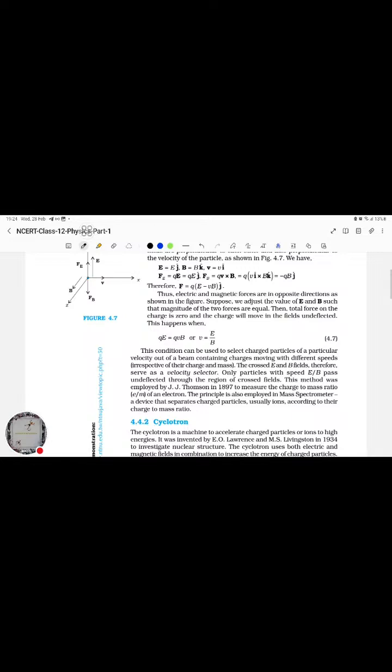So what they are trying to say is that we adjust the values of E and B such that the magnitudes of both forces are equal, that is qE = qvB, and v = E/B. In that scenario, the net force acting on the particle will be equal to 0, which means there will not be any kind of deflection occurring. It will move undeflected.